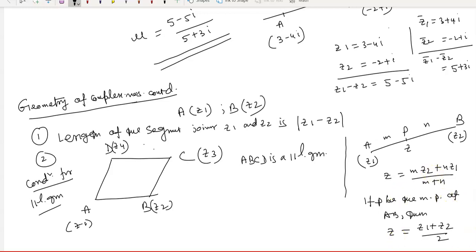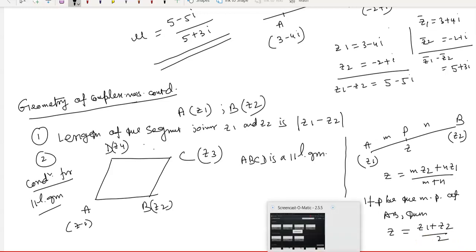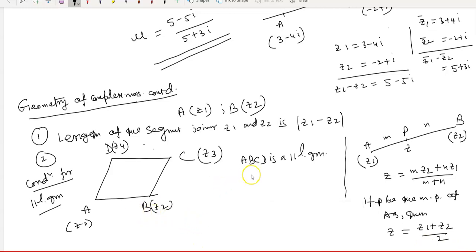So on this concept, can you tell me under what condition? You know the length of the line segment joining two points A and B is mod of Z1 minus Z2. Section formula you got, midpoint formula also you got. Then under what condition will ABCD represent a parallelogram?